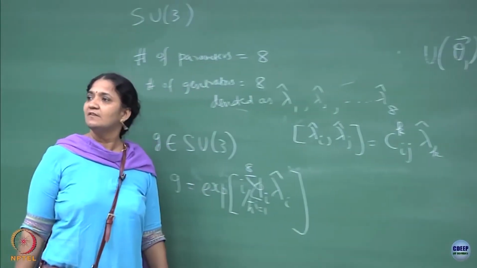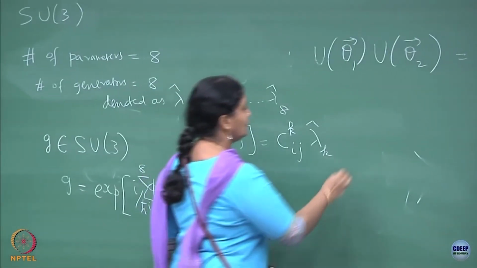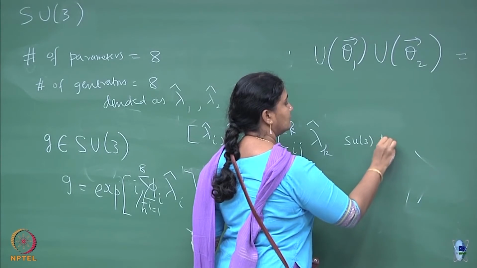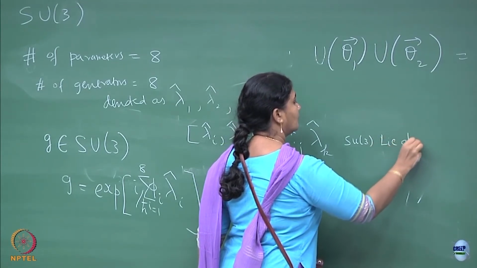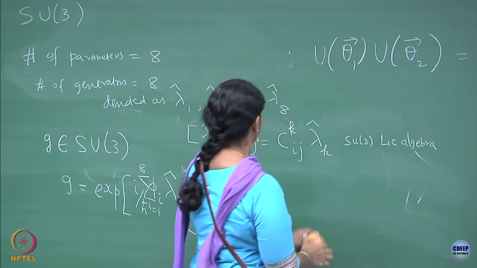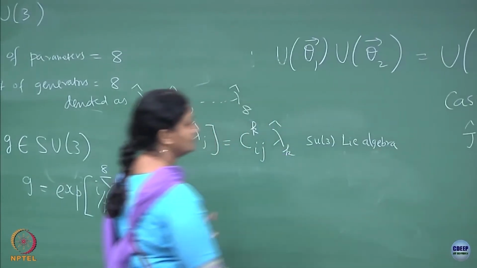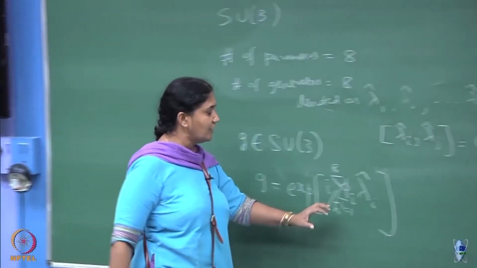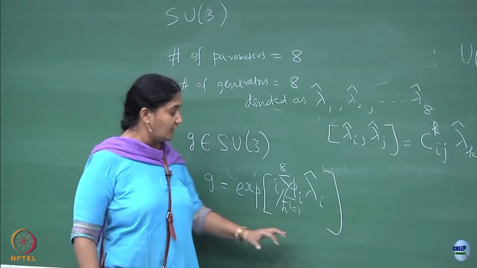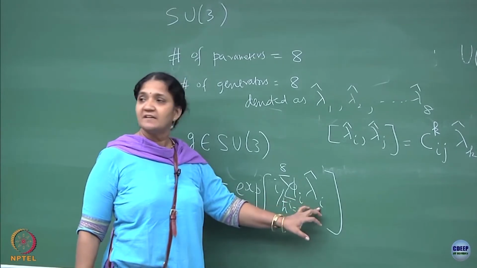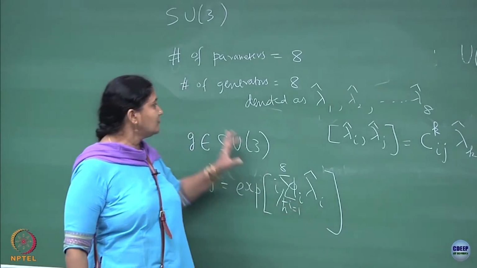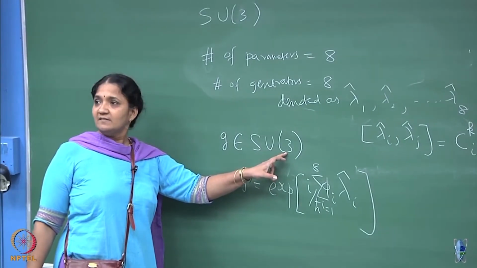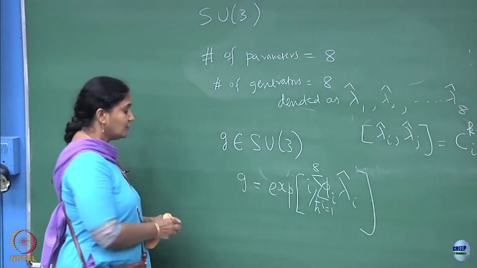This is the SU3 algebra. This is the group element, which is an exponential of the generators, and there are 8 parameters and 8 generators, and the lowest non-trivial dimension has to be dictated by this.